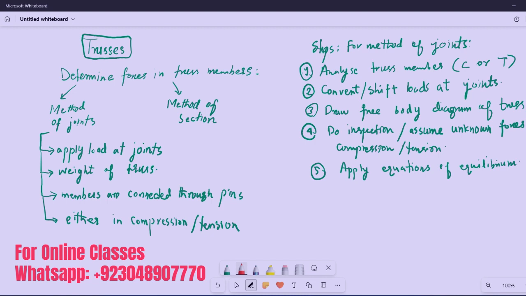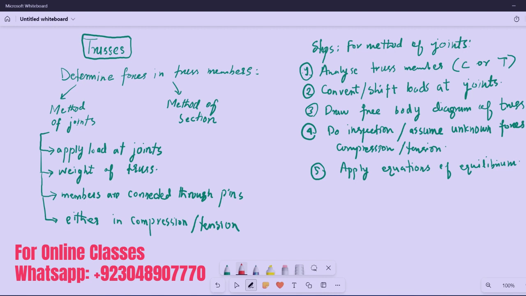They are both the same, not a big difference. But in the first step, we are just checking the truss overall: where the forces are actually going, whether the forces are a UDL or at joints, and what type of supports there are, and how many reactions there are. If it's a pin, you're going to show two reactions.